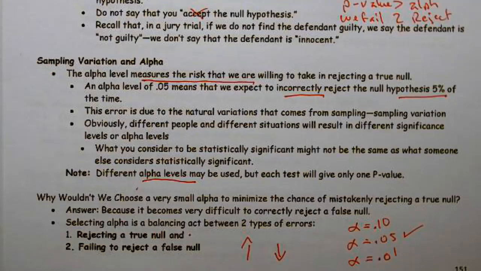Because we don't have a cure for cancer, so having anything would be helpful. 5% is typical because generally speaking, we're fine making a 95 on our test. In other words, if we're wrong 1 out of 20 times and we make a 95, we're generally okay with this. On the other hand, I might want a really, really small alpha if I'm in a life or death situation. If the decision I'm going to make could cause someone to die, I'm going to want to make it really small, probably even smaller than 0.01.